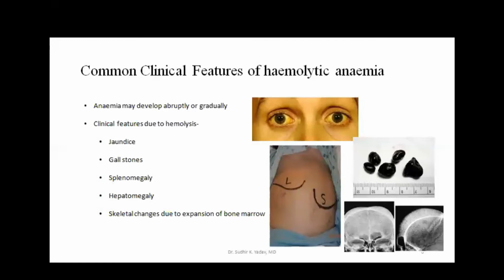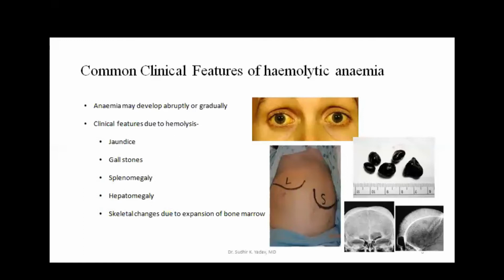Apart from that, if there is hemolysis, the bone marrow is expanding. If the bone marrow is expanding, it will lead to some skeletal changes, like we have studied in the X-ray finding of thalassemia, where there is a hair-on-end appearance on skull X-ray.